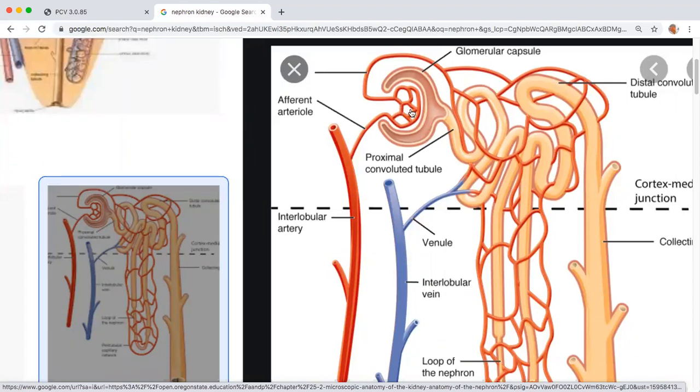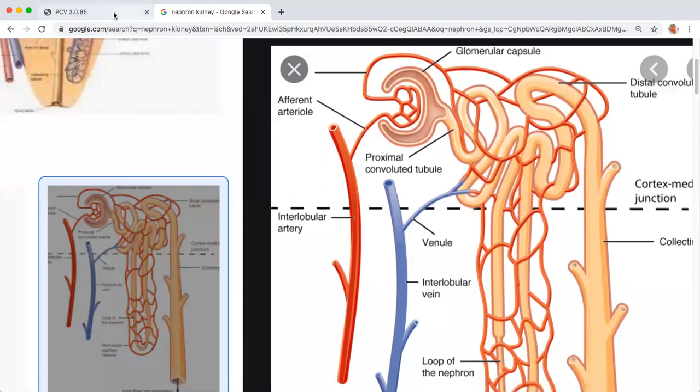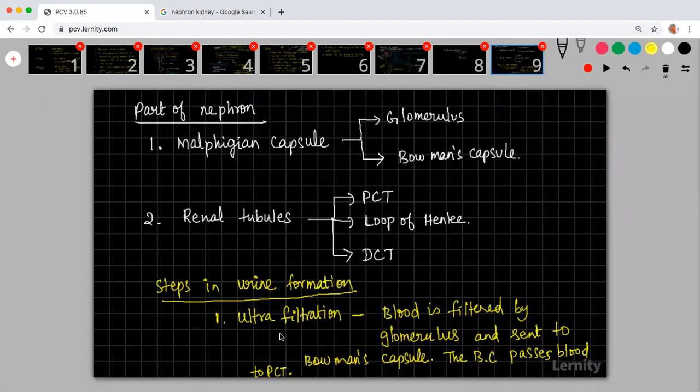From here, the blood is filtered and the urine part is sent into the tubules here. And the blood without urea is sent to this particular part. That is what is happening. This part is what we call ultrafiltration. Ultrafiltration is the first step.